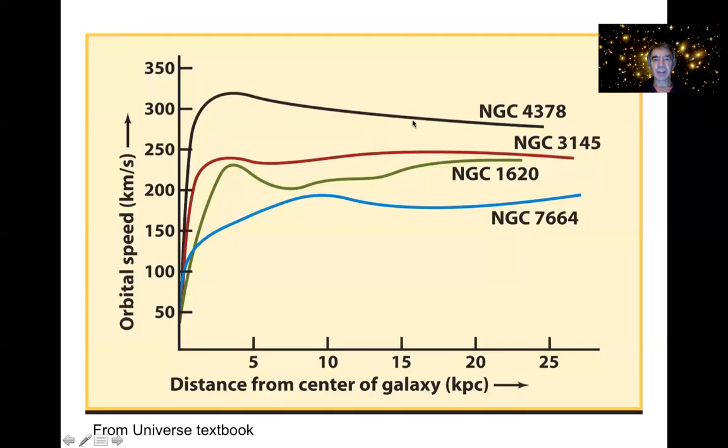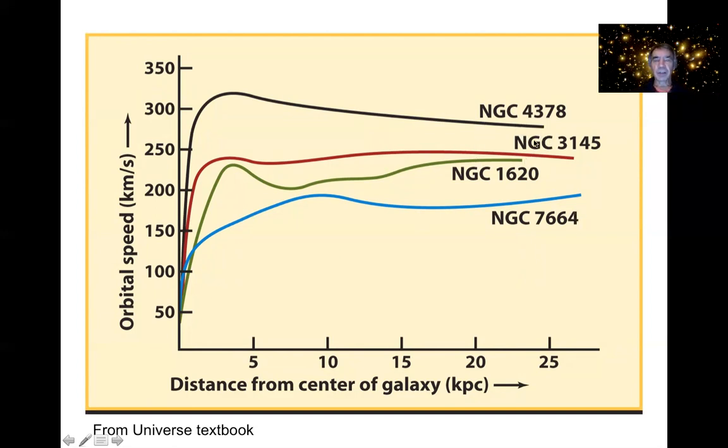So here, again from workshop 5, are some examples of these other rotation curves. You can see that they're all pretty much flat. There's no sign of a 1 over the square root of r fall off, telling us that there's more mass outside of this radius to keep things moving around.